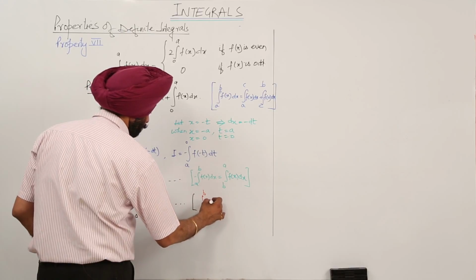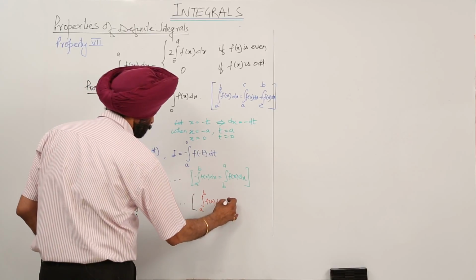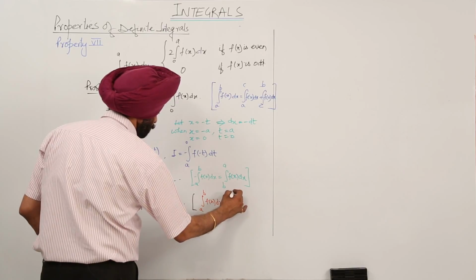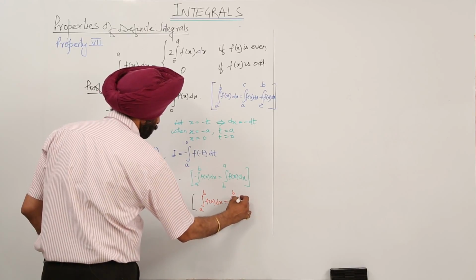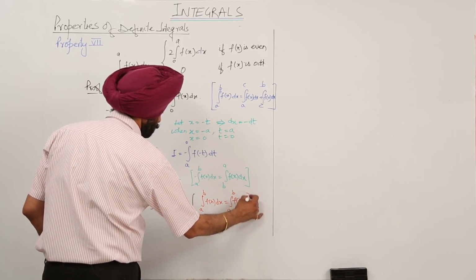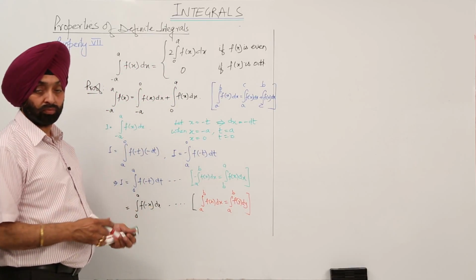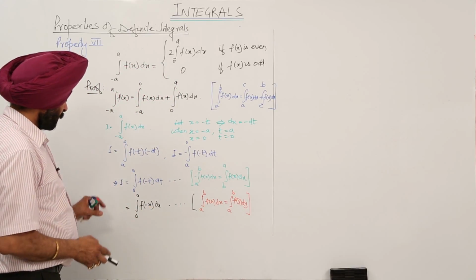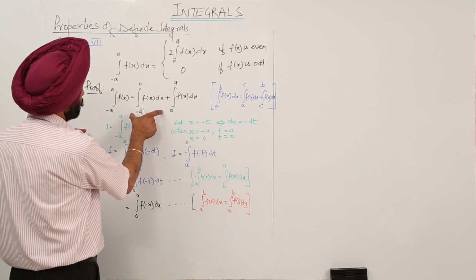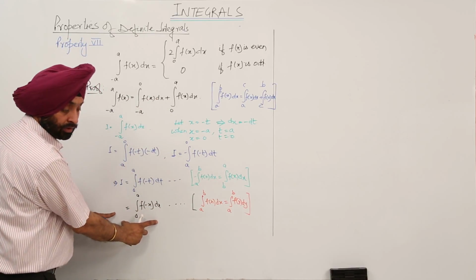The integral from a to b of f(x) dx is equal to the integral from a to b of f(y) dy. That is property number 1. Okay. Now in place of this part, what can we write? We can write this part.